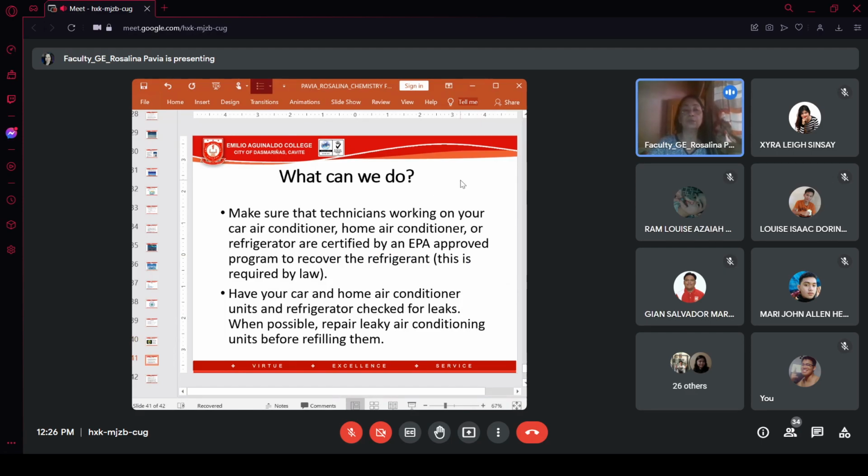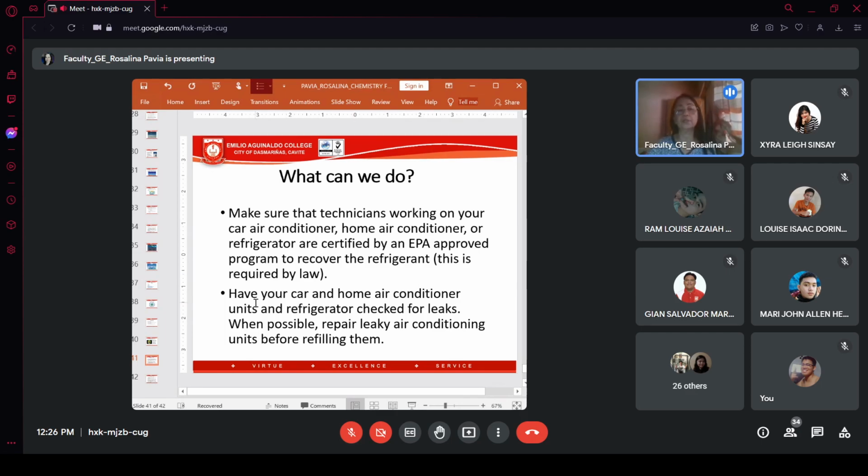And what can we do? Make sure that technicians working on your car air conditioner, home air conditioner, or refrigerator are certified by an EPA or Environmental Protection Agency approved program to recover the refrigerant. This is required by law. Meaning to say, when you replace your refrigerant already, make sure that the refrigerant originally in there is being recovered.